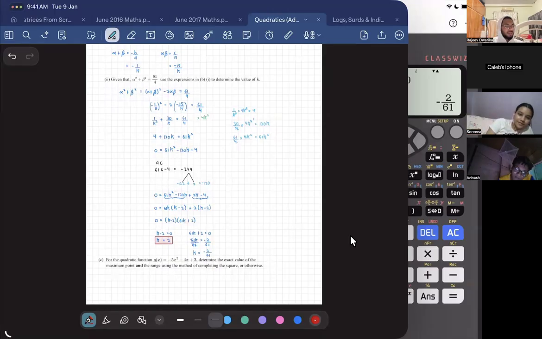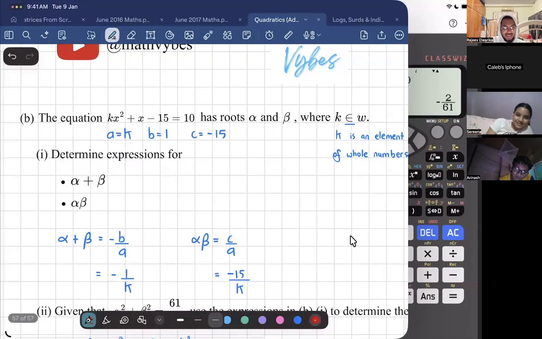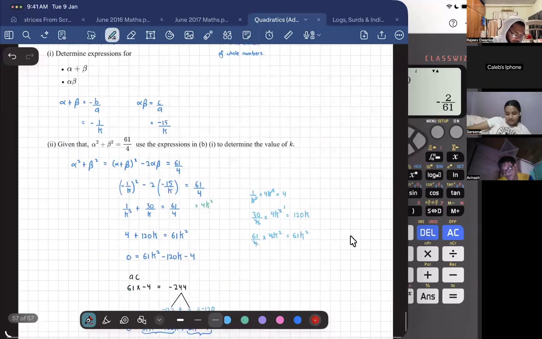Caleb, you were confused at the beginning too? A little, sir. I'm not gonna lie, it looked a little confusing because you're seeing K and they're saying K is an element of whole numbers. Like, what do they mean? But I hope we see it wasn't that bad.